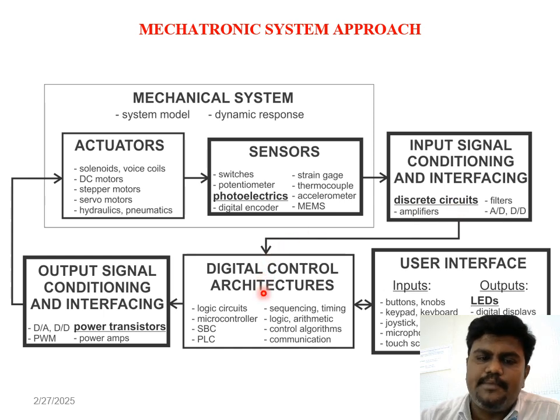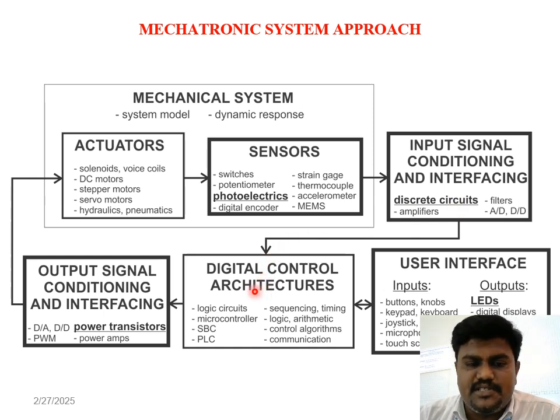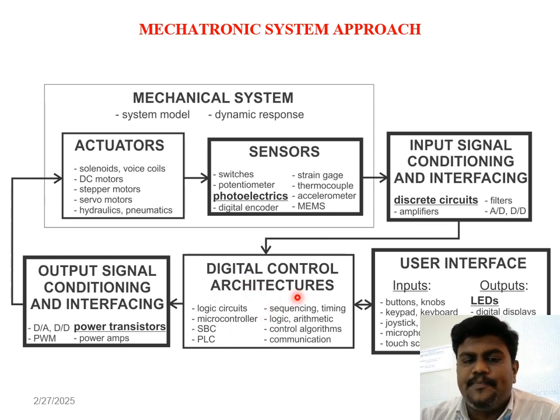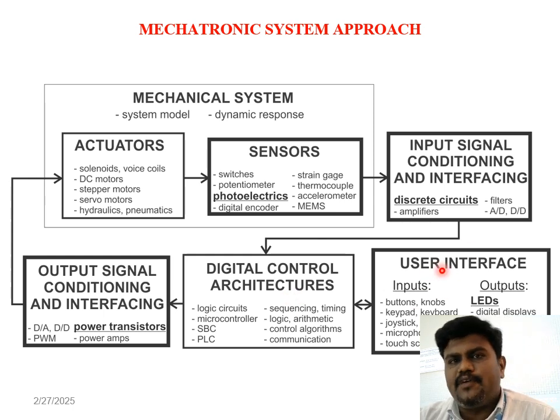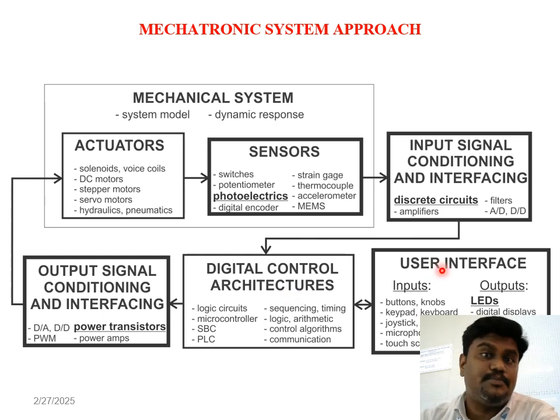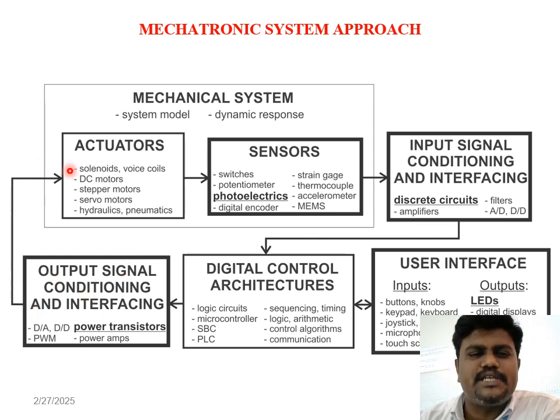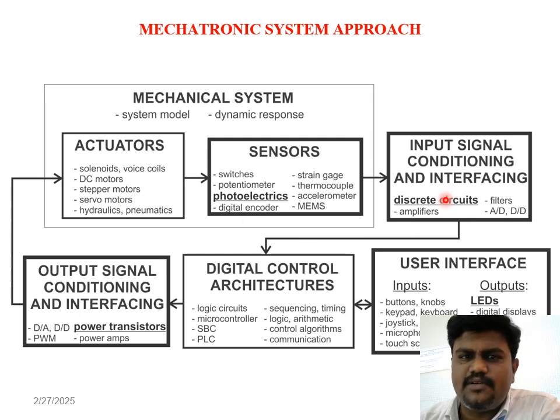That is passed on to digital control architectures, where a number of logical functions are performed with the help of some user interface. Like we can give some commands over the measured input or the sensed feedback signal, so that will give us the output signal. Finally, that corrected output signal will be given to the actuator in order to move with the new or corrected value of actuation. So this is how a mechatronic system works.